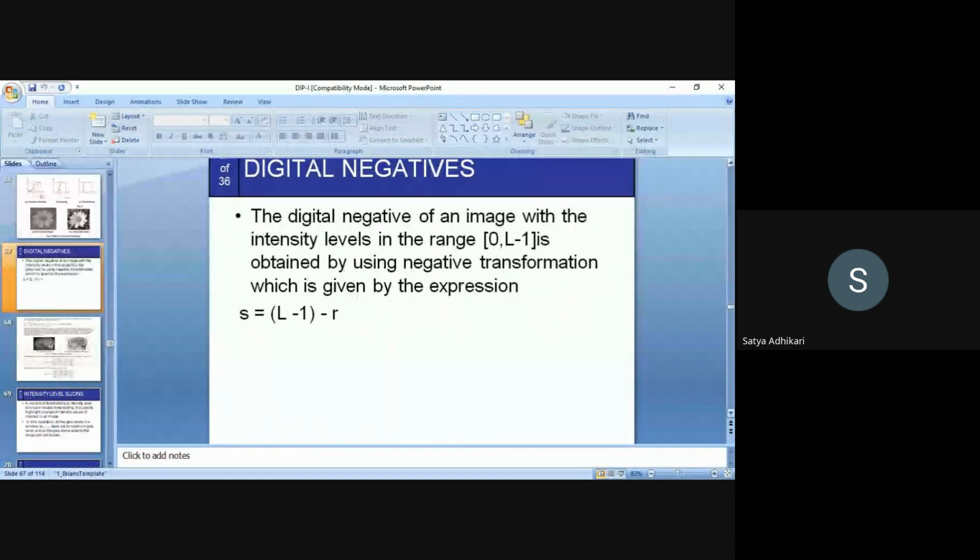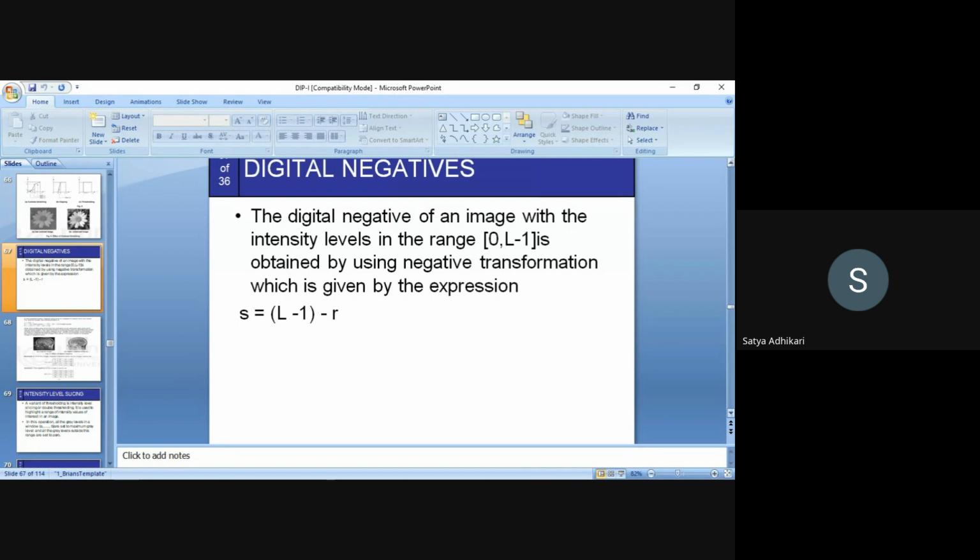Then digital negative. There's an option to get this digital negative in your phone. You can find the digital negative of any image stored in your computer memory or your phone memory. There's an option in your camera section to get the digital negative.